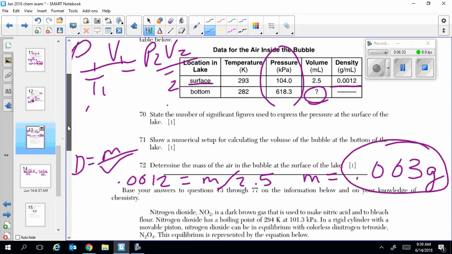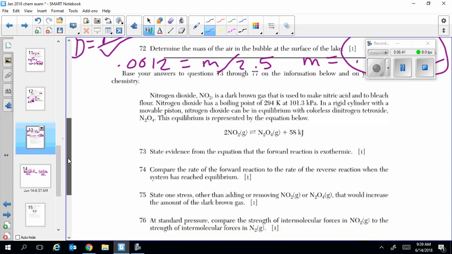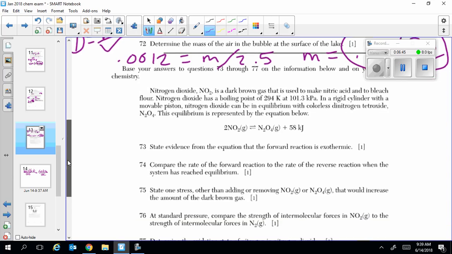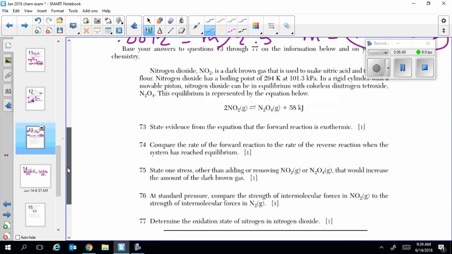All right, next one. Nitrogen dioxide, NO2, is a dark brown gas that's used to make nitric acid into bleach flour. Nitrogen dioxide has a boiling point of this and this in a rigid cylinder. It can be at equilibrium. All right, state evidence from the reaction that the forward reaction is exothermic.